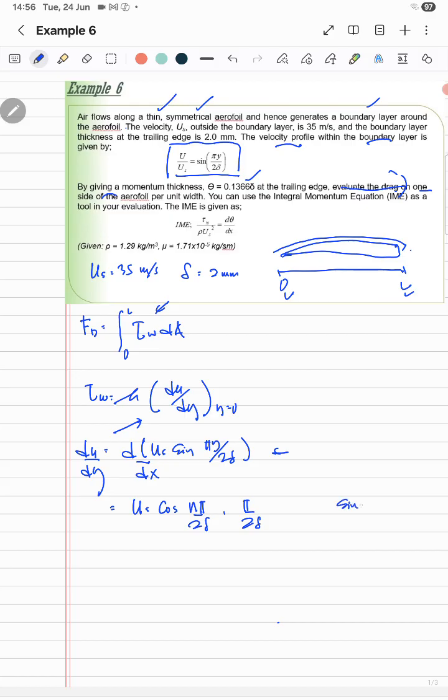And since at y equal to 0, the argument is 0, so cos 0 is equal to 1. So we have here only U∞ π over 2δ. This is du/dy.